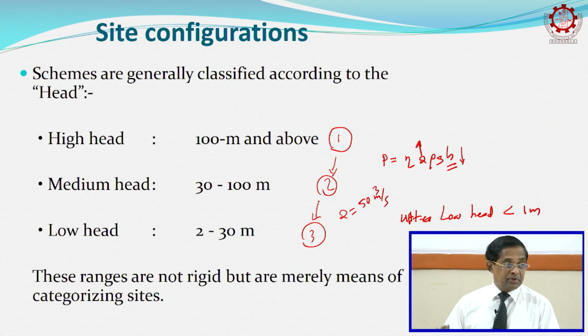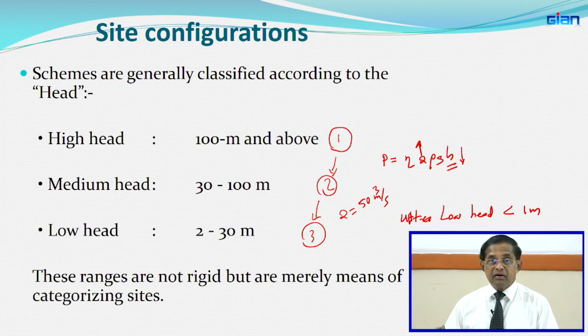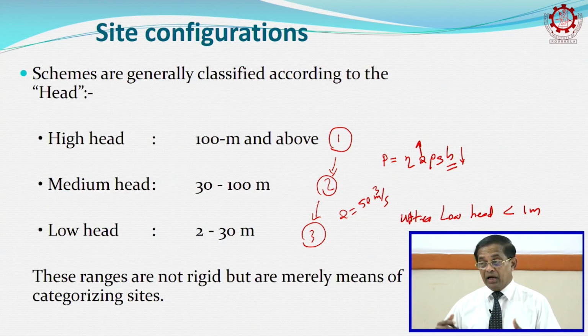So the civil structures will be fairly big, inlet valves will be fairly big, and the piping and other things will be fairly big, although they are short. Since the head is small, the penstock equivalent part will be short, that is true, but the diameter will be huge because you have to handle 50 cubic meters per second kind of flow rates.